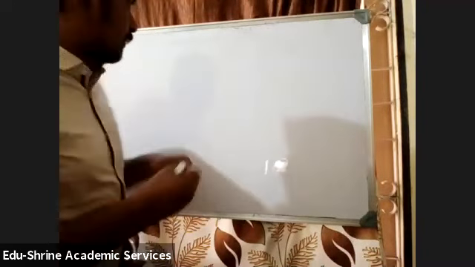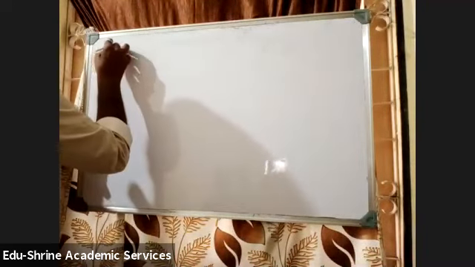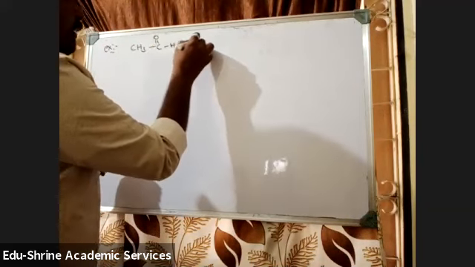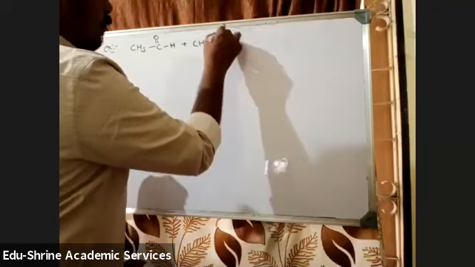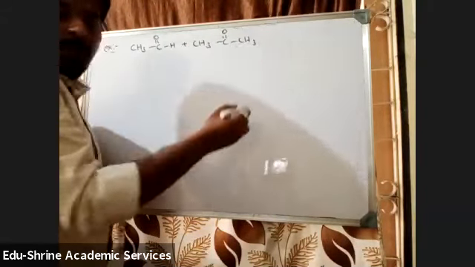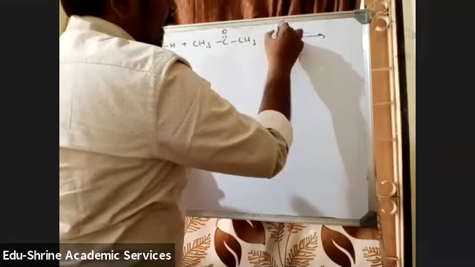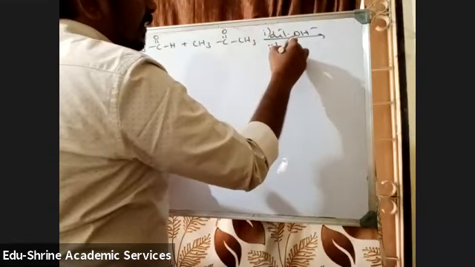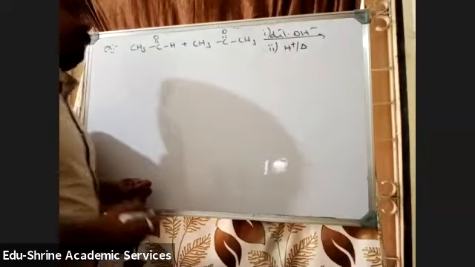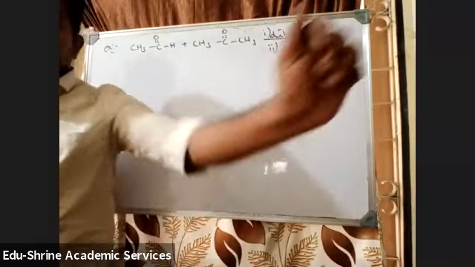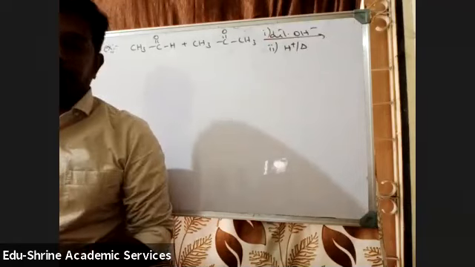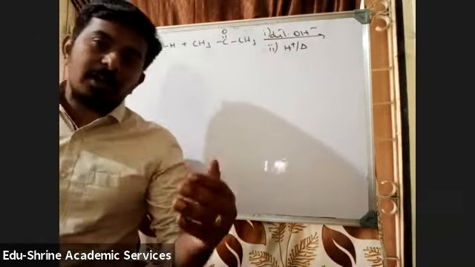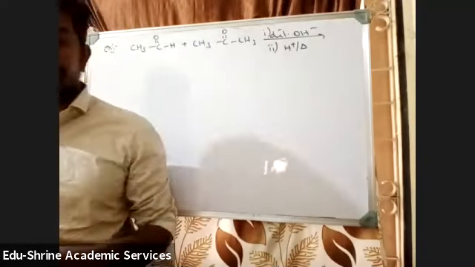Acetaldehyde and acetone. Another example I am giving here. The reaction between CH3-CH=O and CH3-C(=O)-CH3, in the presence of dilute OH minus first, followed by heating in the presence of an acid. So write down the 4 products formed. First write down aldol, from that you will write alkene.